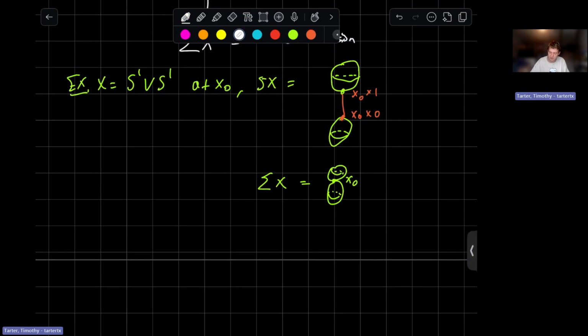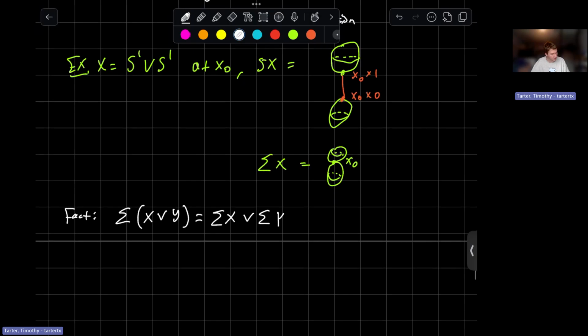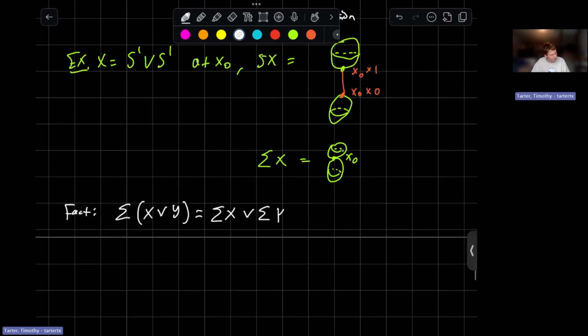And then just as a fact, the reduced suspension of X wedge Y is equal to the reduced suspension of X wedge the reduced suspension of Y, for arbitrary CW complexes.